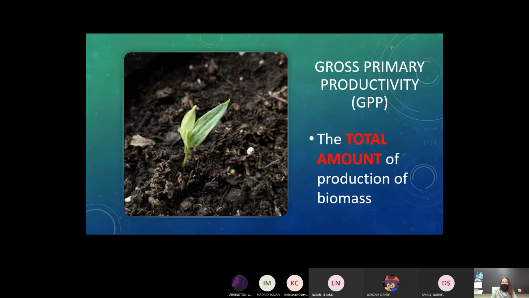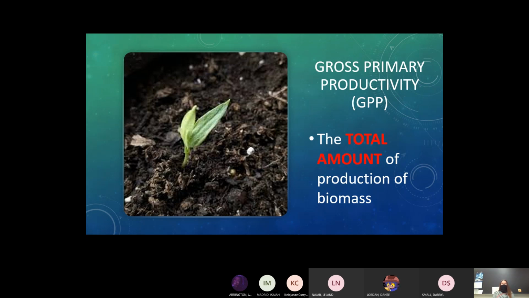All right. So there's a couple different terms. The first one is gross primary productivity. It's abbreviated GPP, or it gets referred to as gross. Just like if any of you have ever looked at a paycheck, you get a gross and a net amount. The same thing is going to be true for primary productivity.